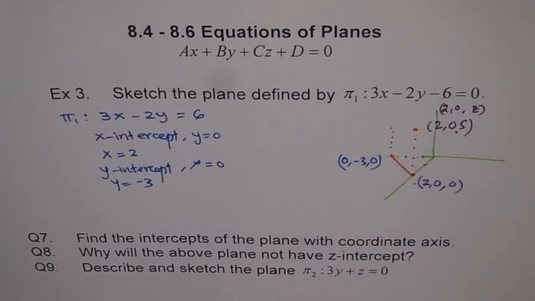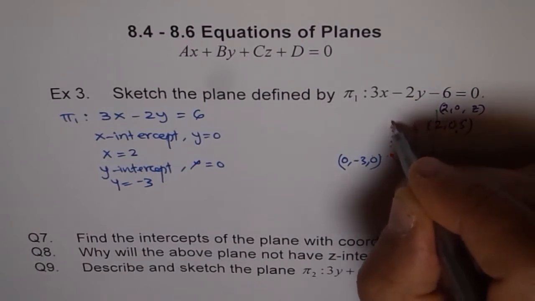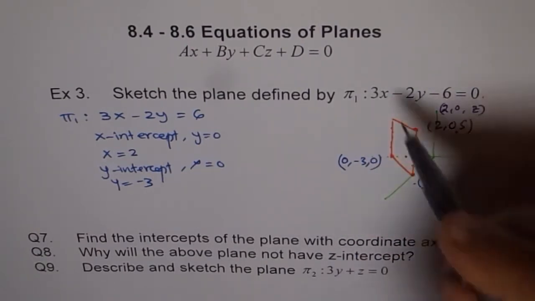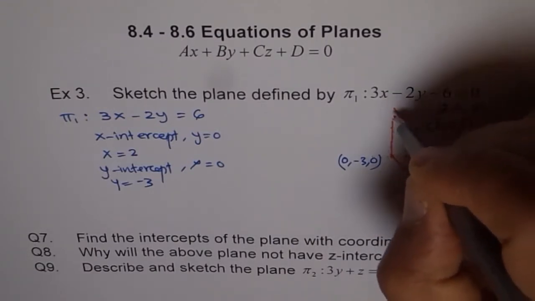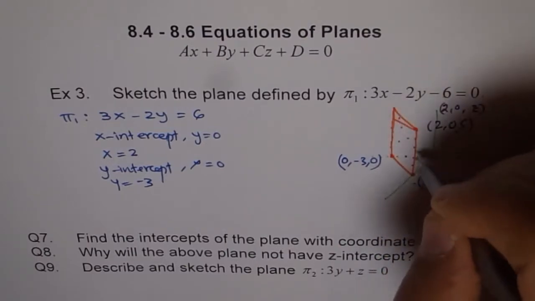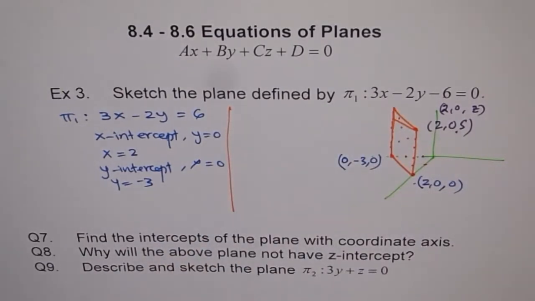All values will work for us, correct? Therefore, a plane like this, which I draw parallel to this, will satisfy our equation. Any point on this plane will satisfy our equation. Is that okay? So that is how we draw this plane.